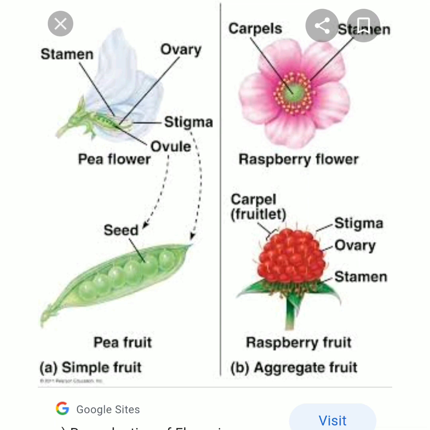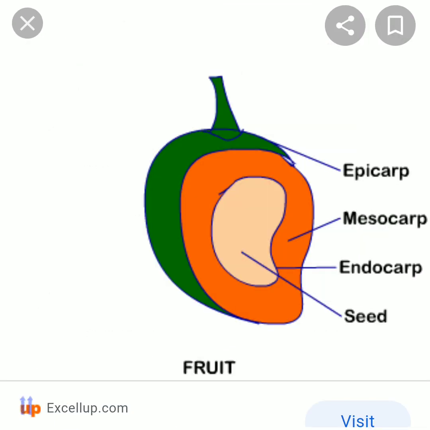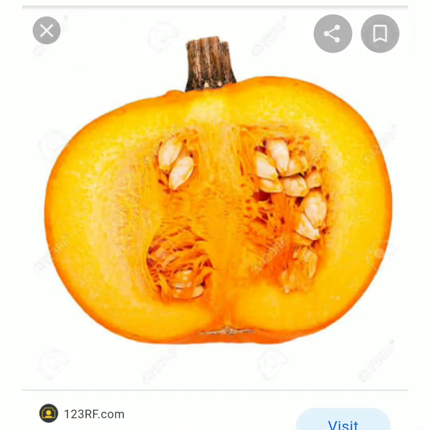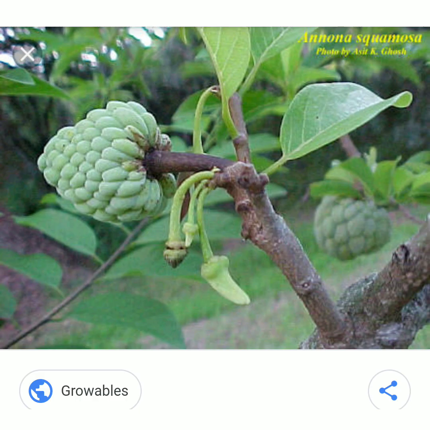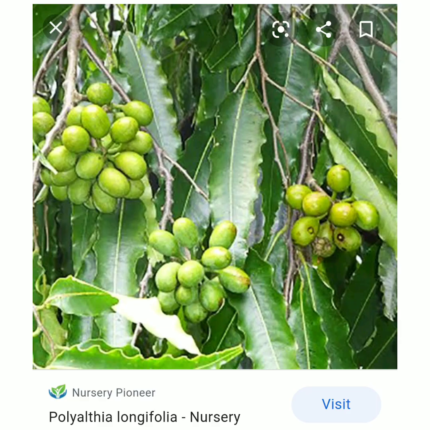A single flower developing into a single fruit is called a simple fruit. And aggregate fruits develop from single flowers that have many ovaries. Each ovary develops into a single fruit, and as a whole it forms an aggregate fruit.